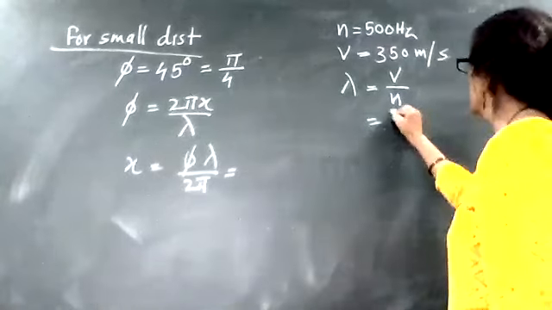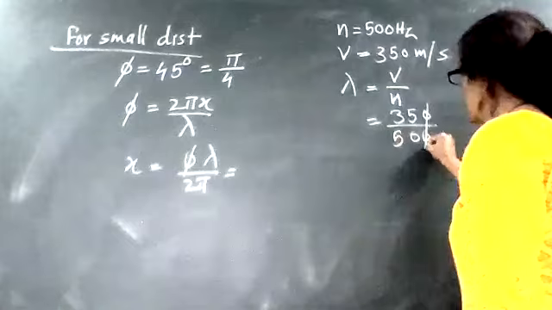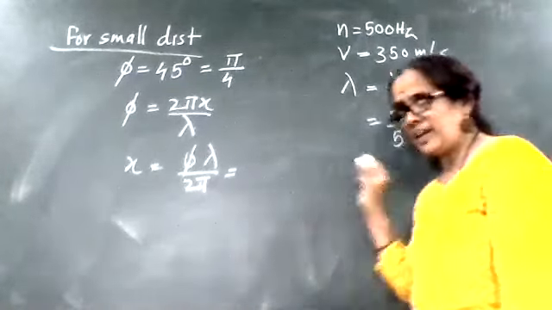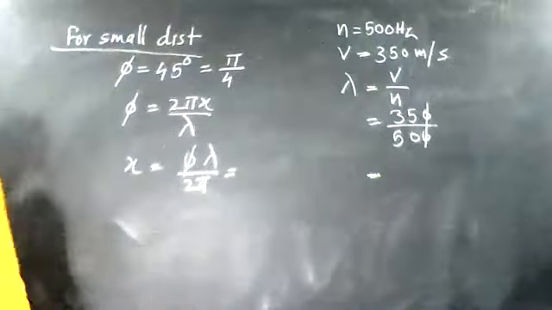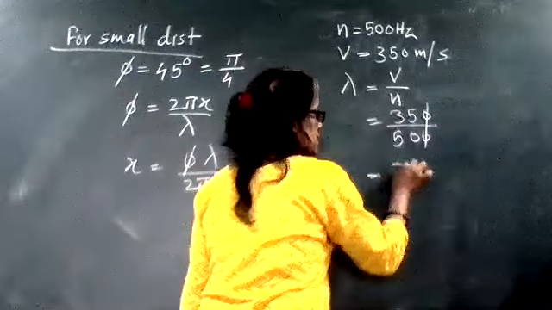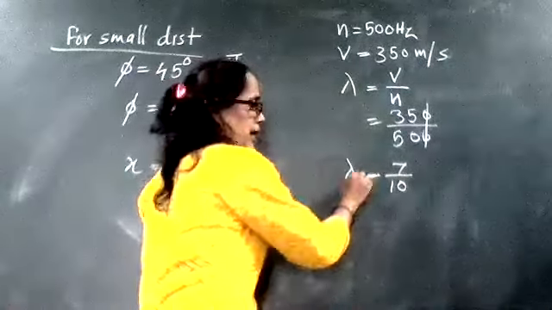What is v? v is 350 upon 500. The zeros will get cancelled, so we get 35 upon 50, and 35 upon 50 is 7 by 10. That is nothing but the value of lambda.